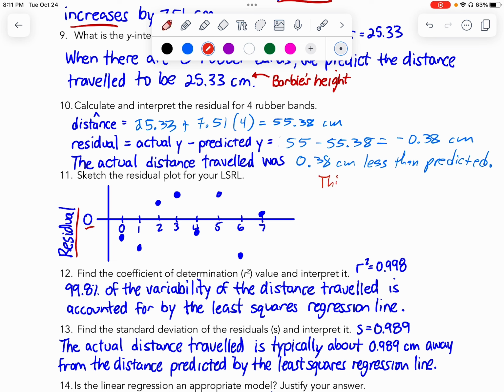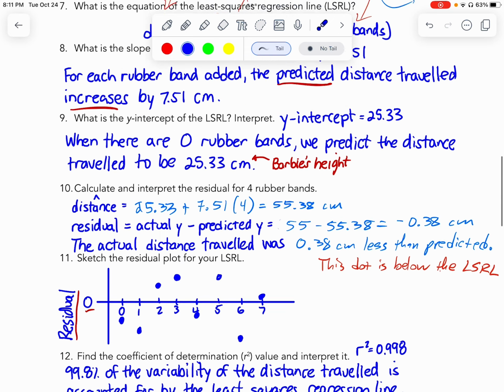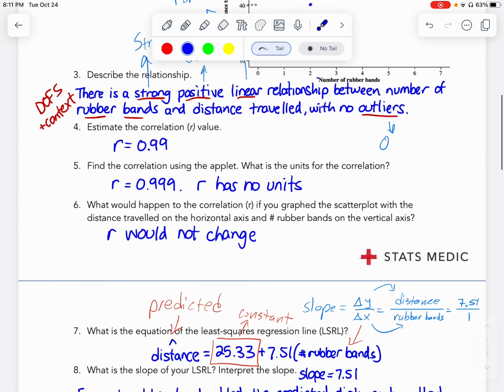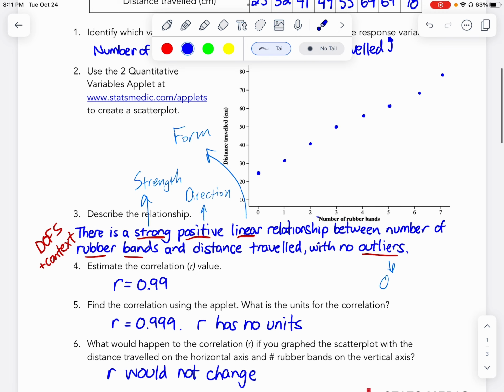This dot is below the line, below the LSRL. It's underneath it. Another way to say that is, just look at it. Here's, well, I guess I don't have an accurate line. Do something like that, right?